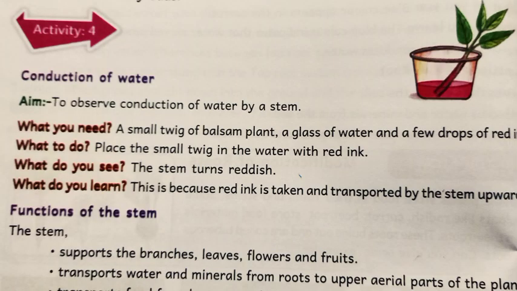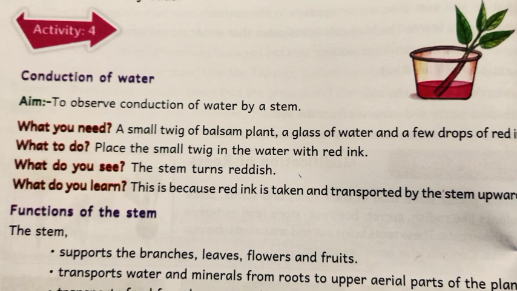Now let us see activity 4, conduction of water. Aim: to observe conduction of water by a stem. What do you need? We need a small twig of balsam plant, a glass of water, and a few drops of red ink.